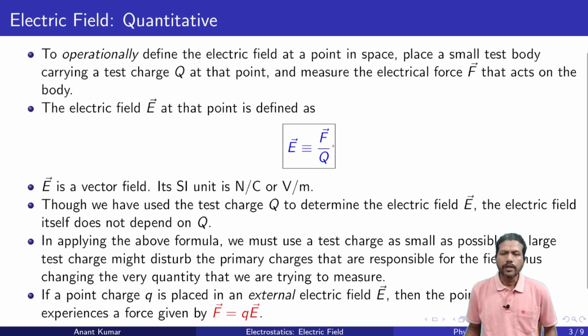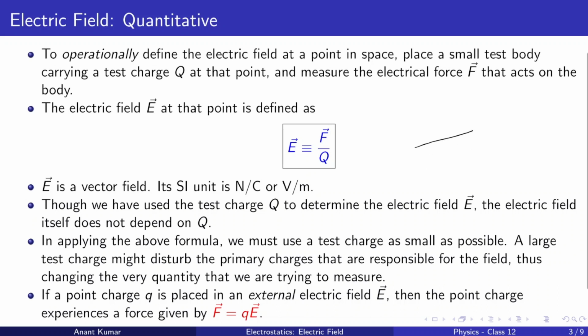Now, conversely, suppose in some region there is an electric field E. We know that some charges have produced an electric field E in some part of the region.